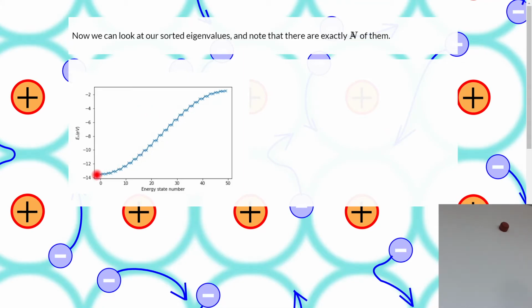If you want to count them, you could find the 50 states that correspond to the 50 states I put into the model. That means I've got 50 states come out. We're not worrying about the spin on the electron here, so each of these states can hold 2 electrons, so in total I could put 100 electrons.